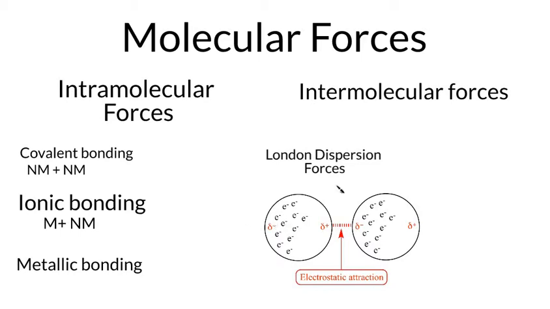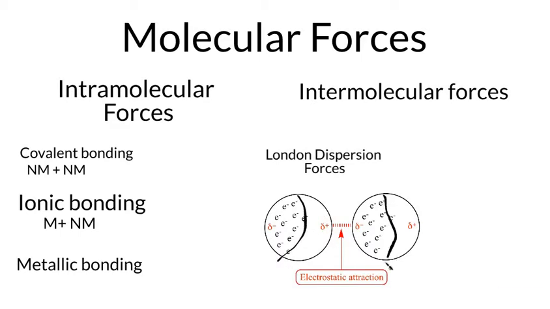This would create more negative charge on one side than the other, so that side becomes negative, the other side becomes positive. This is why it has a delta negative symbol. If we cross this in half, this side has more negativity than this side. So this side is then negative. If this side has less negativity, it is positive.